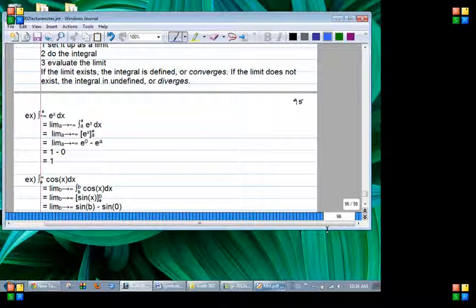Now what do we do with this limit? What do we know about the sine function? Sine of 0 is 0. That's right. But what about sine of b with b getting bigger and bigger going off to infinity? What is the behavior of the sine function?